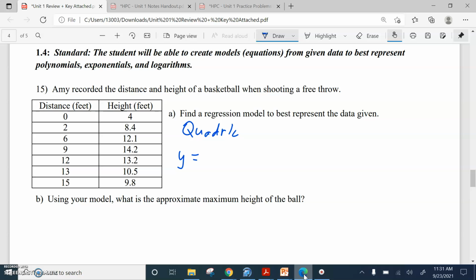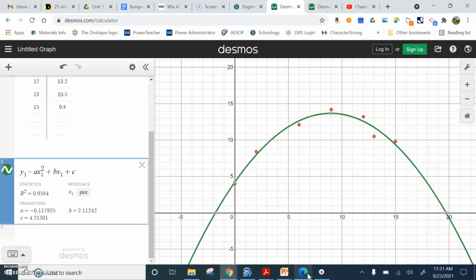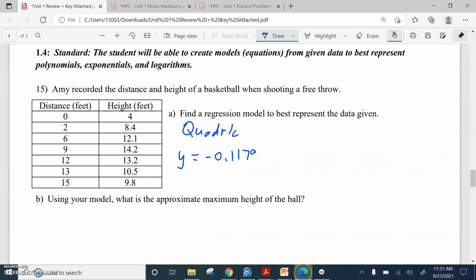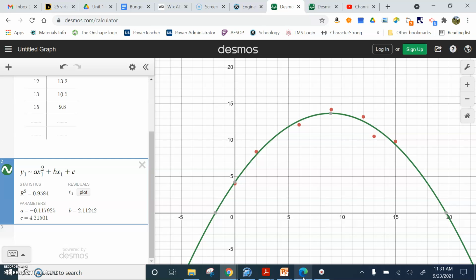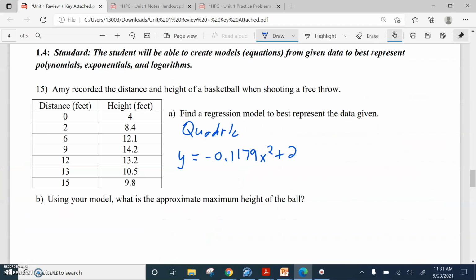So negative 0.1179x squared plus 2.112x, and then plus, there you go. So that's really what A is asking.